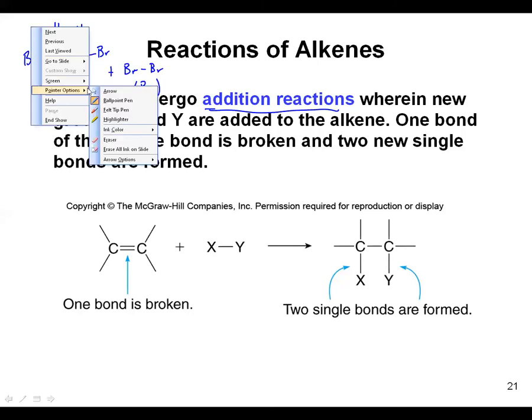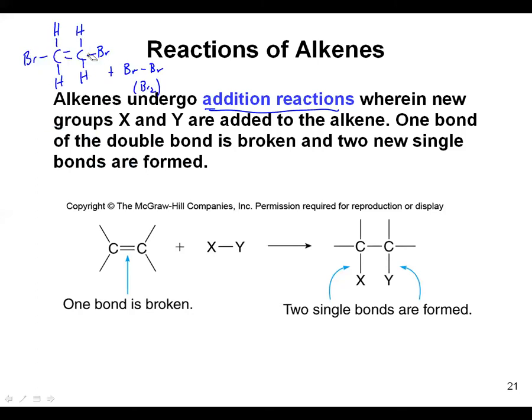Remember, the whole point of carbon is it should only have 4 bonds. So we don't really have room for those bromines to add on to each of the carbons the way it is. So we essentially need to make room for it.